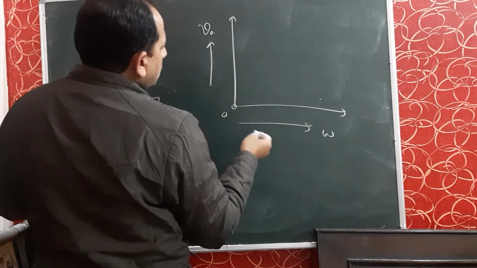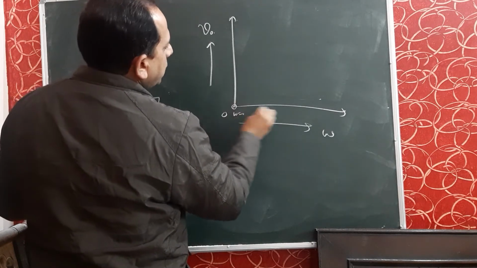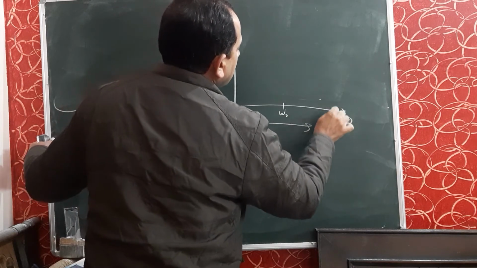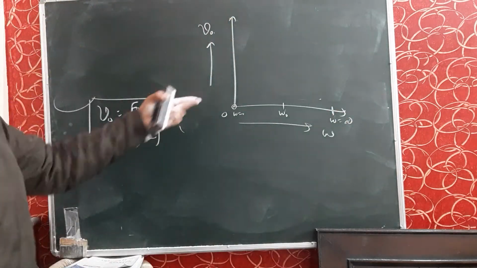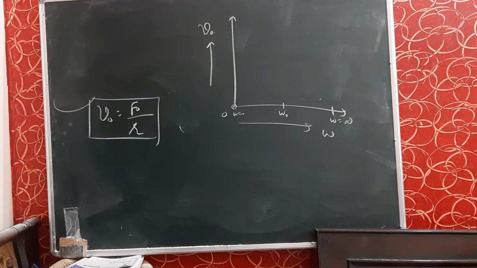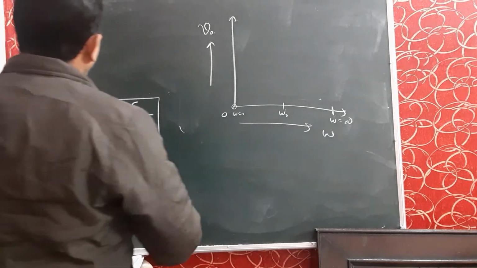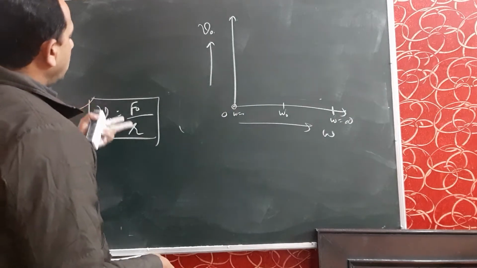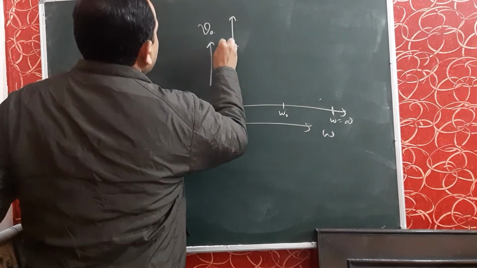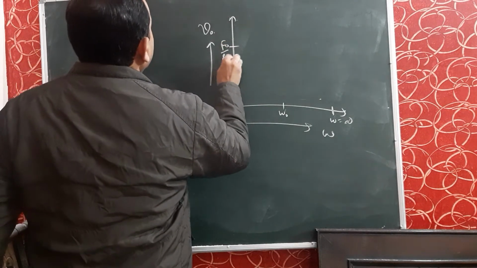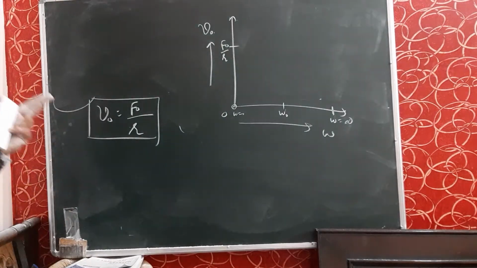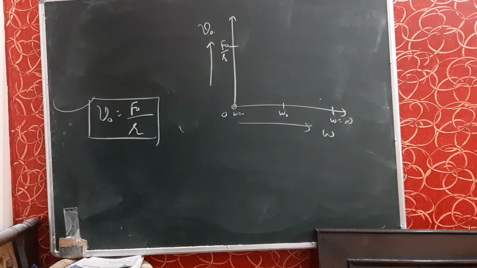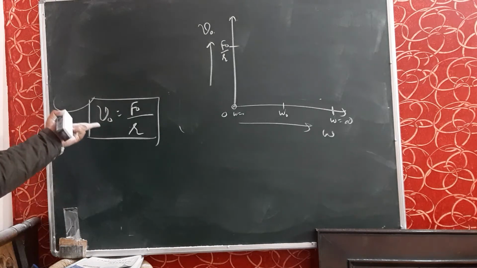As usual, omega is 0 at this point, omega is omega naught at this point, and consider omega as infinity at this point. Now the values for velocities are 0, 0 and F naught by r. So 0 is here and F naught by r here. First of all, you have to mark the points along the x axis and y axis from the given points.